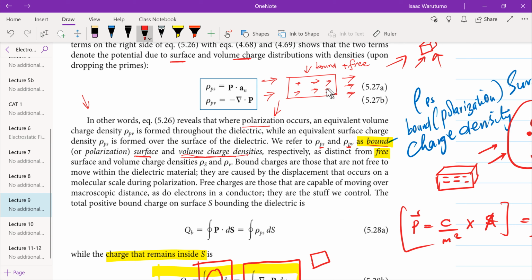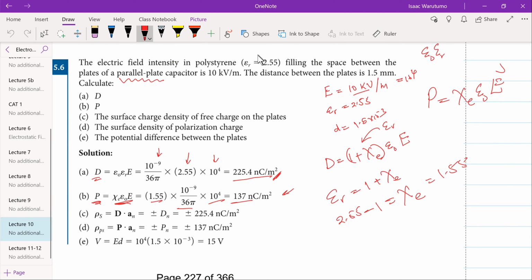And for that reason, we are going back now to our question. So I've come back here where we have a question that is referring to the polarization vector and the flux.